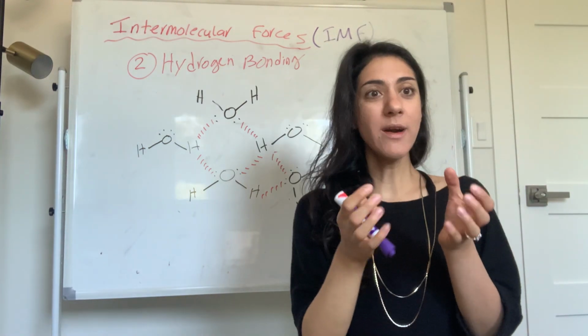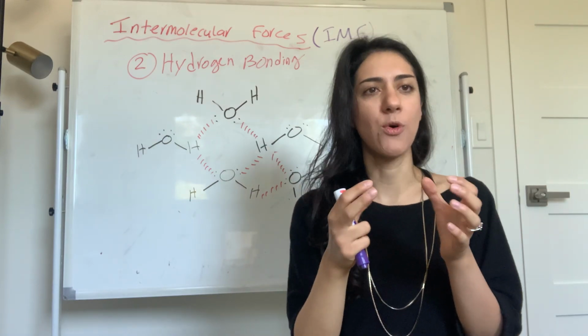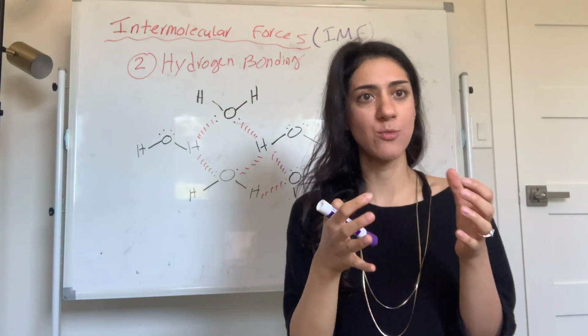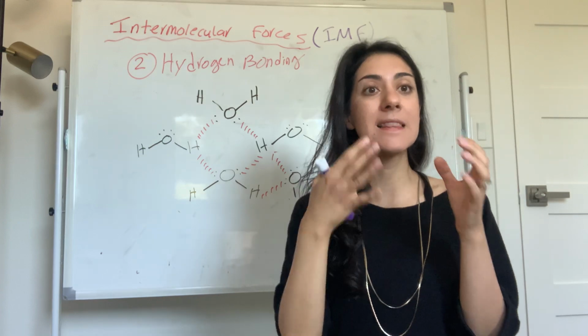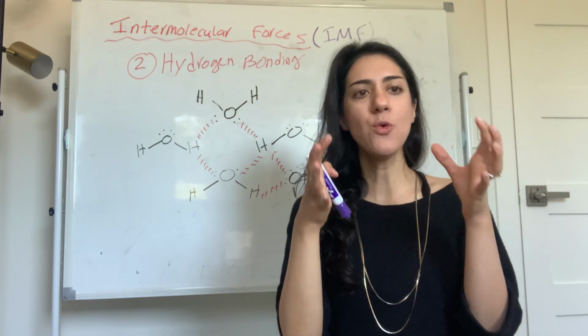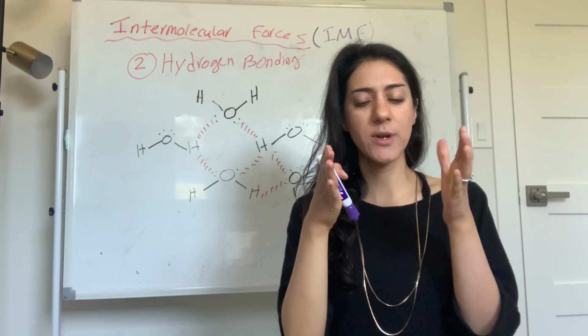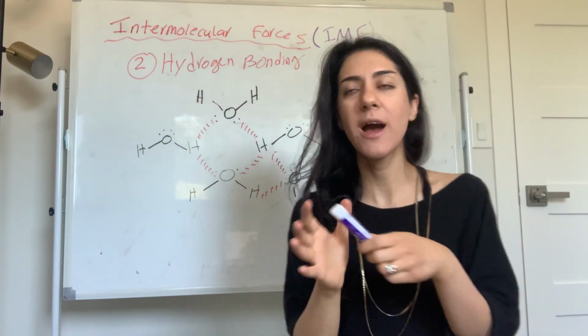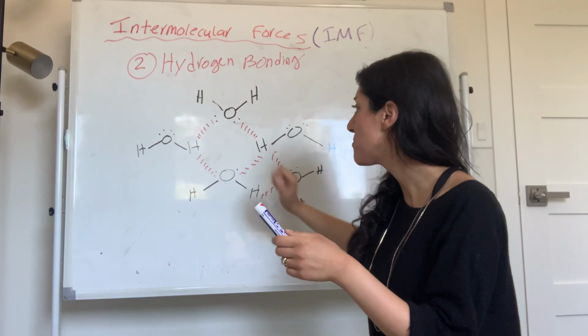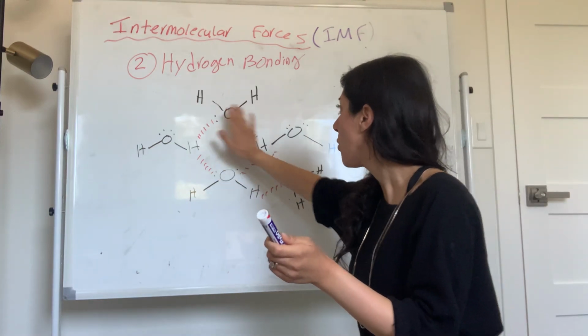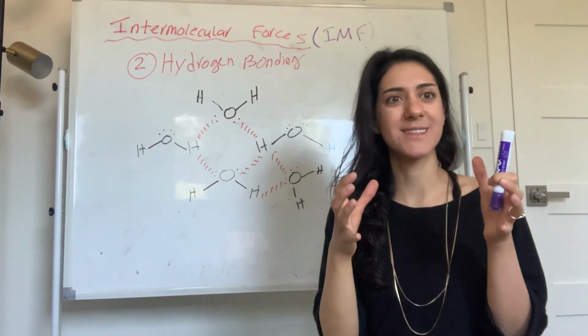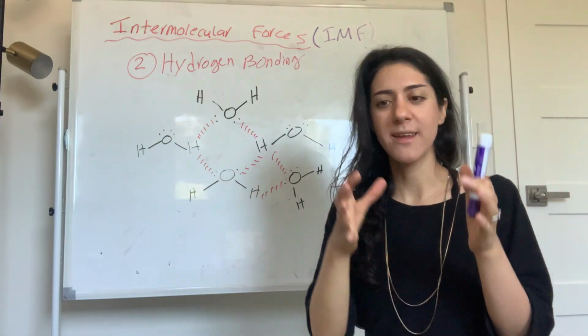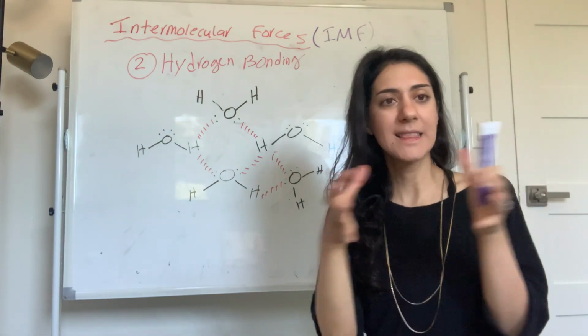Now, if you are in a solid form, do you have more movement or less movement? Hopefully you're telling me a solid has less movement, right? So if you're in a solid form, and because you have less movement, you have all these beautiful hydrogen bonds, which means you also have all these empty spaces. So I'm going to repeat it again. In a solid form, there is less movement.